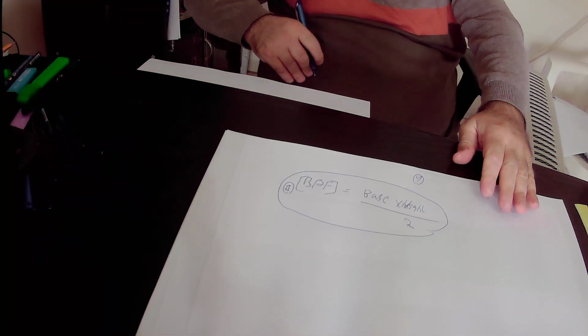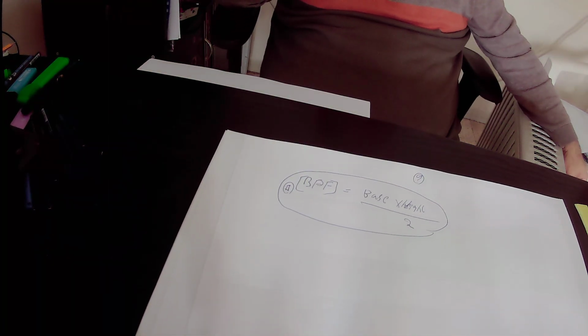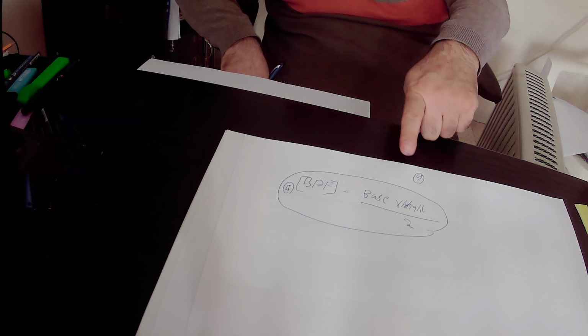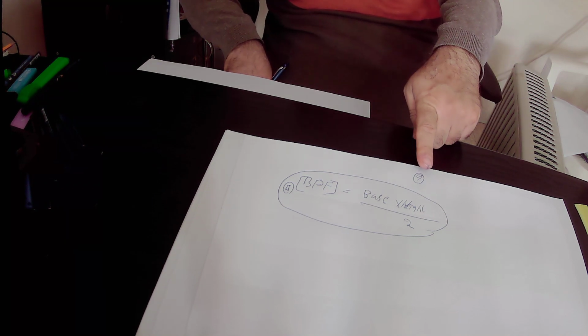The area of the isosceles triangle BPF, and the area of any triangle, is equal to the base of the triangle times the height to the base over 2.